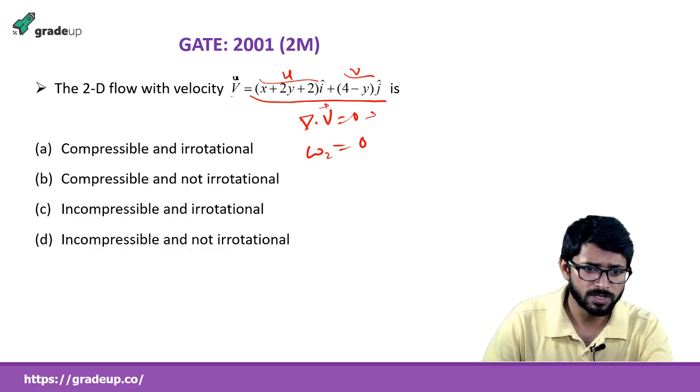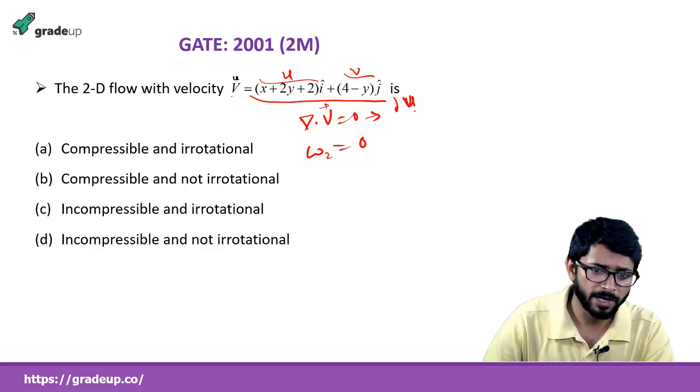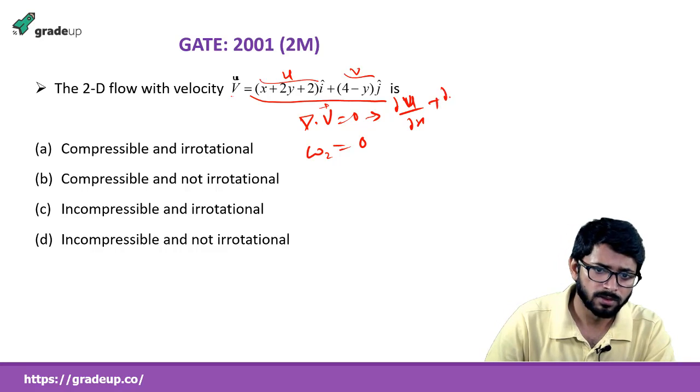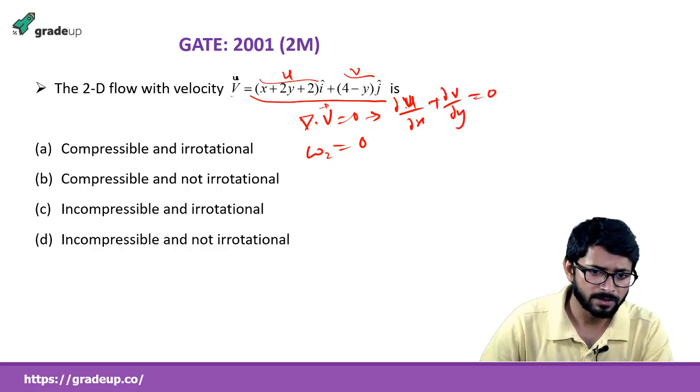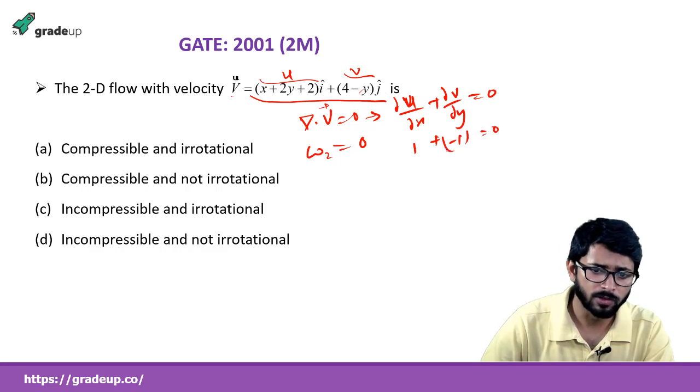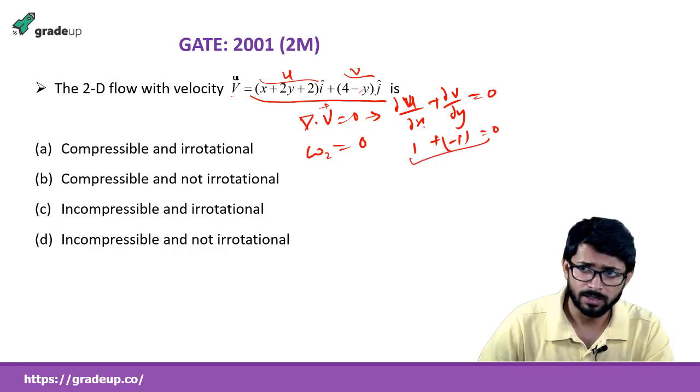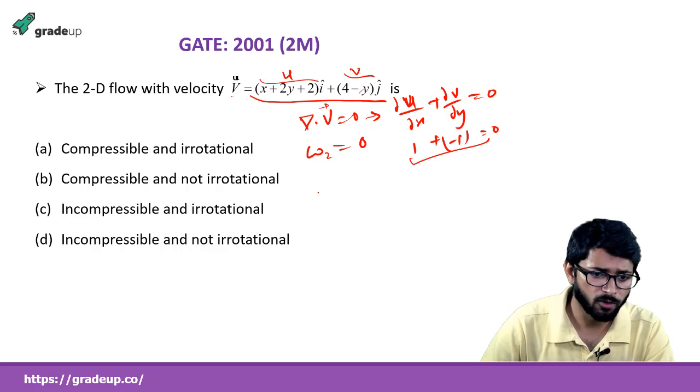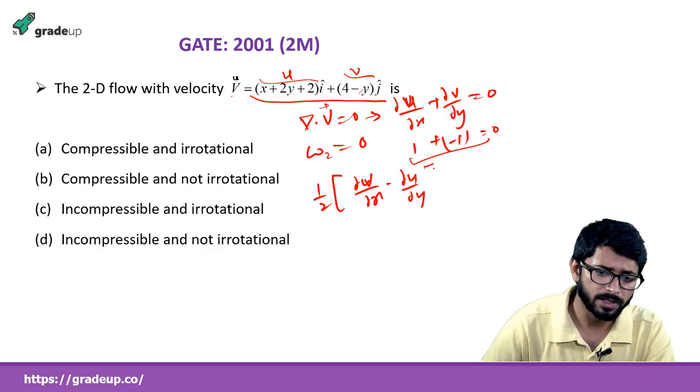Let's check first: del u by del x plus del v by del y equal to 0. Del u by del x is 1, plus del v by del y comes out to be minus 1, equal to 0. Yes, it is incompressible flow. Now check for rotationality: del v by del x minus del u by del y.